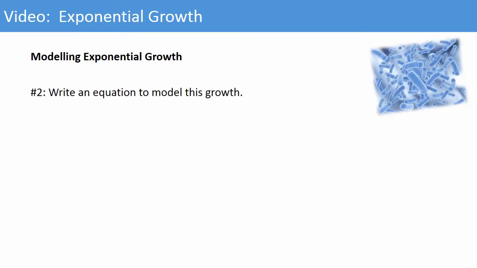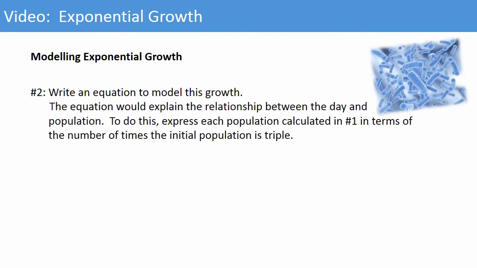Now, the second thing we want to take a look at is how to write an equation to model this growth. The equation would explain the relationship between the day and the population. To do this, express each population in number 1 in terms of the number of times the initial population is tripled.